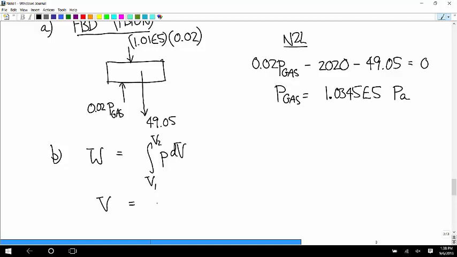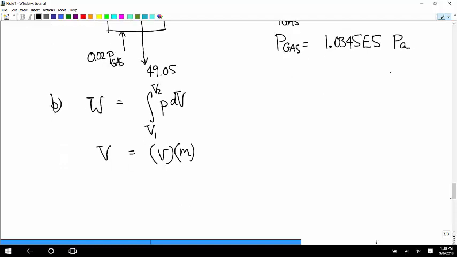Big V is equal to the specific volume times the mass. And so big V1 is equal to 0.5 times 0.1, so 0.05 meters cubed.